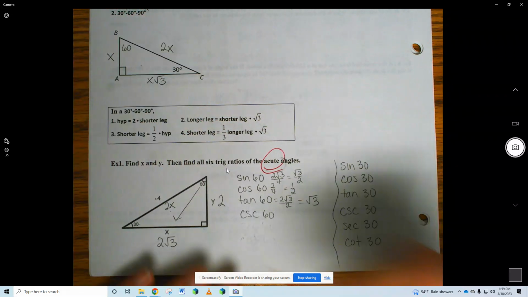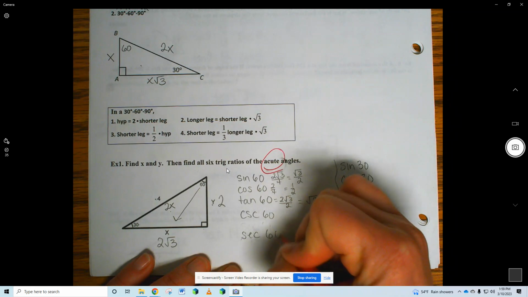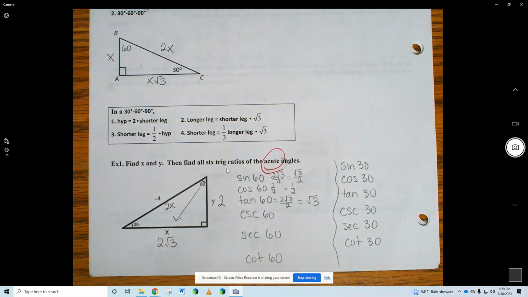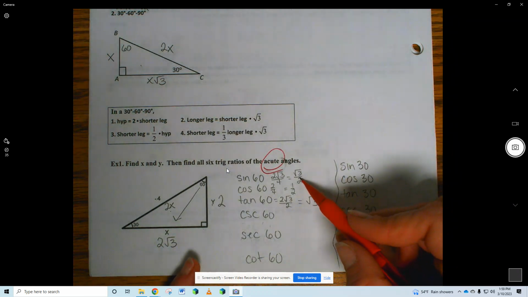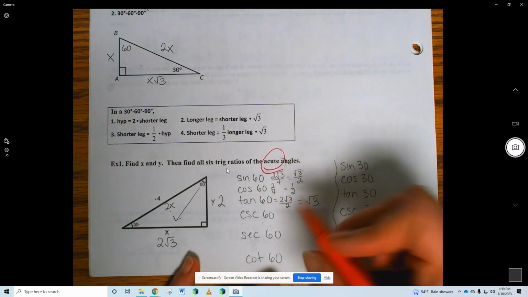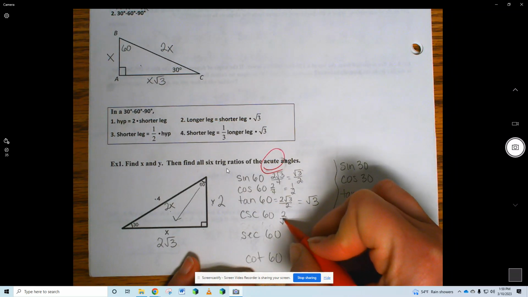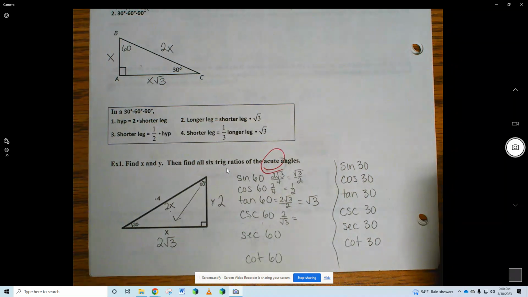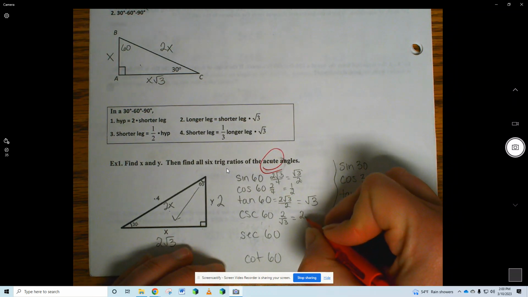This is way too cramped, so I'm going to spread it out a little better. Cosecant 60, reciprocal of sine. So it's 2 divided by rad 3, which is going to end up being 2 rad 3 over 3.